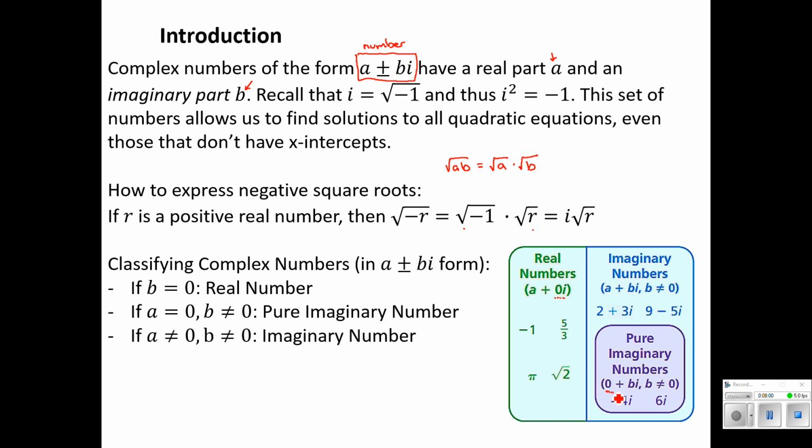Now there is no real part. Everything is imaginary. So these numbers simply look like something i. And then lastly, just a typical imaginary number is one that has a real part and an imaginary part. But again, these are just numbers. Even though they look like expressions, they are just numbers.